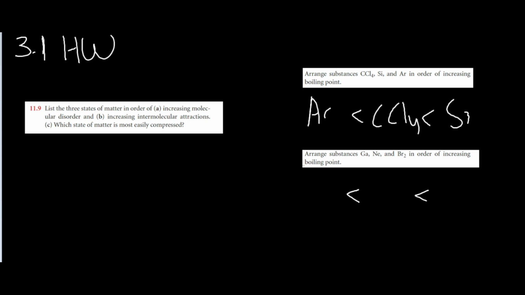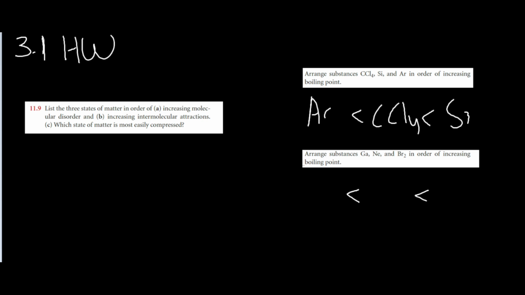And since CCl4 is a non-polar substance, it's going to have low intermolecular forces anyway, but it still has LDF, so that's why it has a higher boiling point than argon. And since silicone forms network covalent bonds, it's going to be more of a solid. And in general, since silicone is a metalloid or a metal, it's going to be a solid anyway. So you can visualize it however you want.